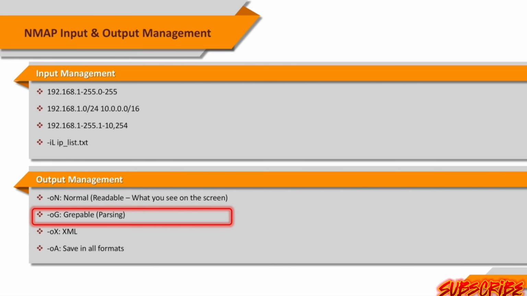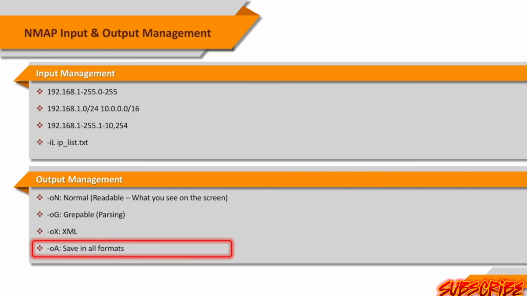We've already seen a few examples of the grep command in this course. XML output is one of the most important output types, as it can be converted to HTML, easily parsed by programs such as Nmap graphical user interfaces, or imported into databases. There's one more magic parameter, which is -oA, to let you generate the outputs in all formats.